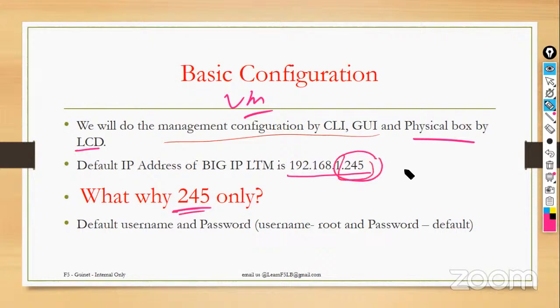Anyone? I think Anurag, Preetham. Yes, sir. Hexadecimal of F5 is equal to 245, right? So if you check the F5 value, it will be 245. So let me show you.